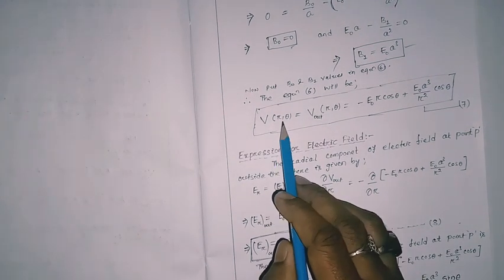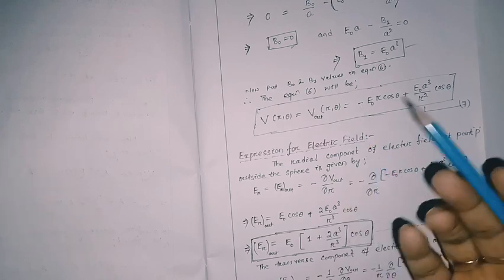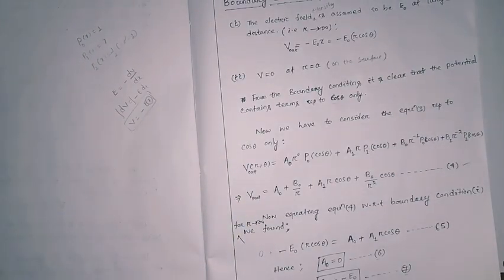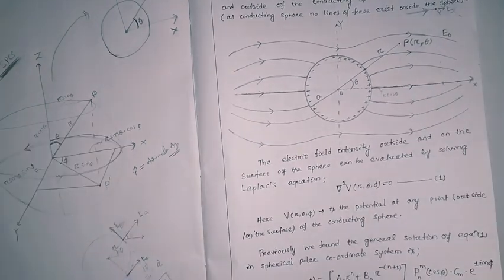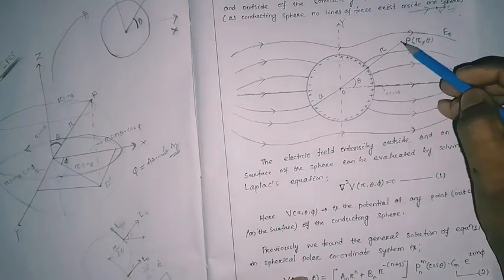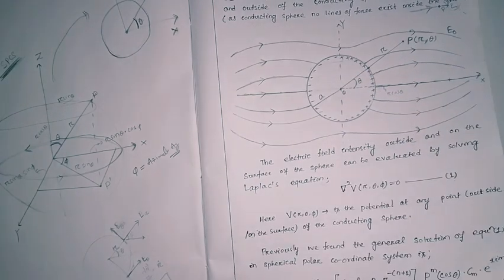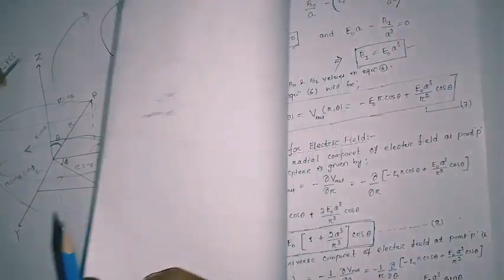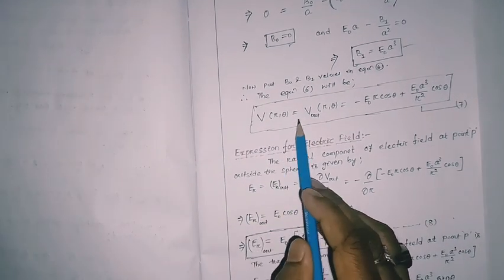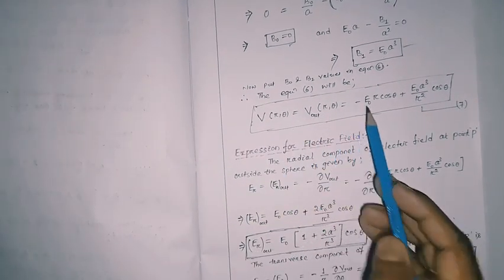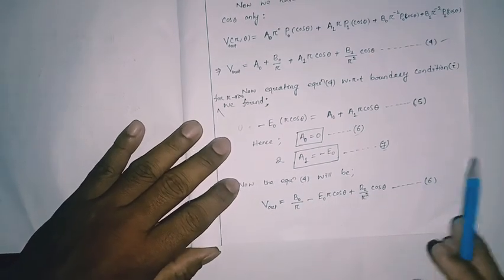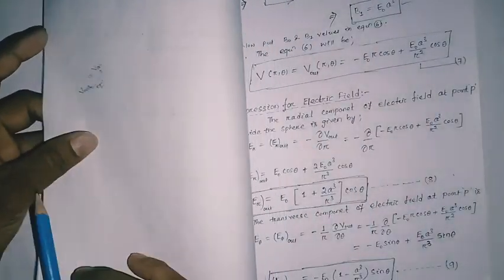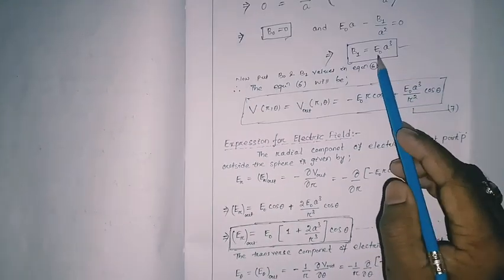Here you can see V(r, theta) will be equal to V out (r, theta), because both the points, this point and this point, are supposed to be considered. This point is obviously outside of this sphere, but this point is considered just outside. So we can write V out (r, theta) equals, putting B0 and B1 values in equation number 6, B0 is 0 and B1 is E0 a cube.